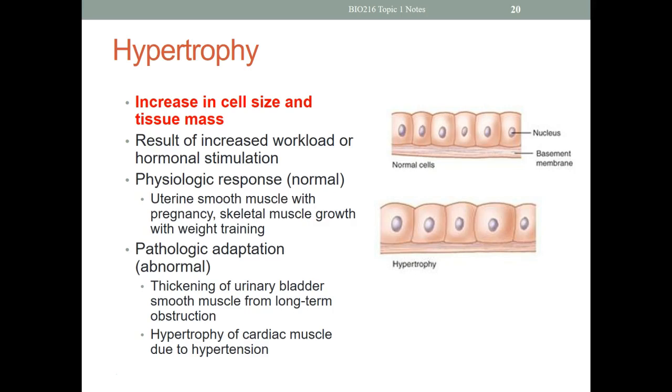Or it could also be a pathological adaptation. For instance, obstruction from the output of the urinary bladder, say by an enlarged prostate, can result in a hypertrophy of the smooth muscle of the bladder. We can also see hypertrophy of cardiac muscle as a result of systemic hypertension.